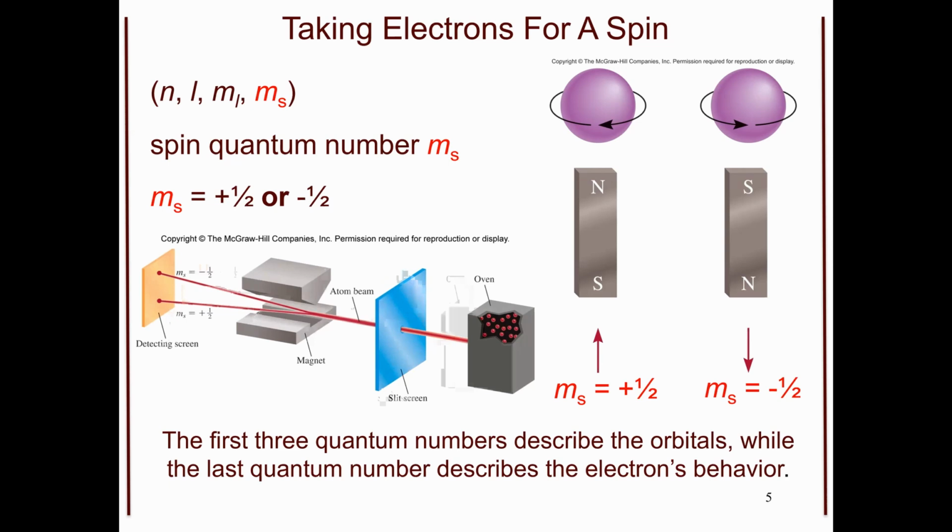So this was a quintessential experiment to show that an electron, even though it has the same negative charge, can actually have two different spins that we are able to separate using the magnetic field.